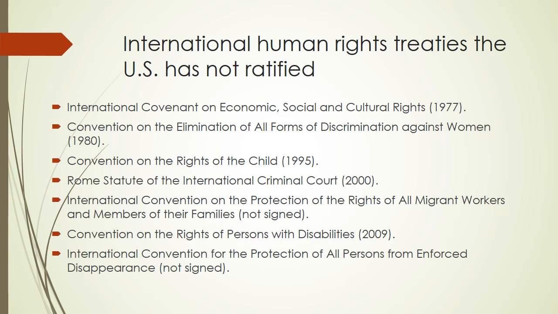Rome Statute of the International Criminal Court, signed 2000. International Convention on the Protection of the Rights of All Migrant Workers and Members of Their Families, still not signed. Convention on the Rights of Persons with Disabilities, signed 2009. International Convention for the Protection of All Persons from Enforced Disappearance, still not signed.